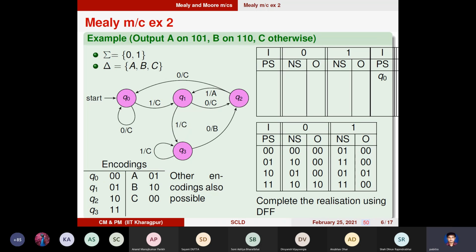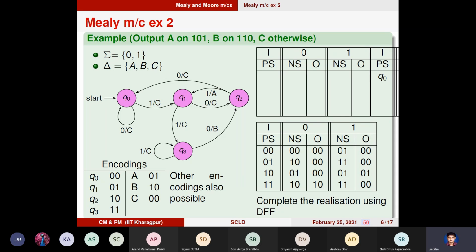Okay, so here is a problem. It's kind of a pattern recognition problem. You get a streaming sequence of zeros and ones coming as input, maybe from a communication channel or something. So your input sigma is 0, 1.